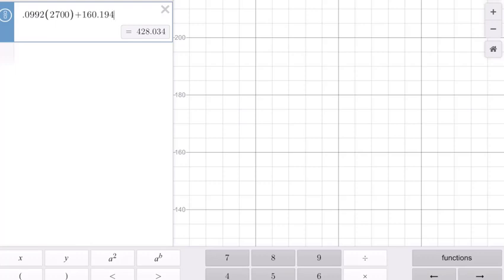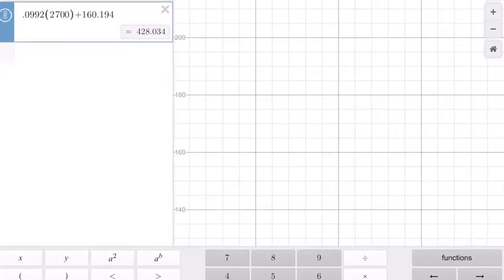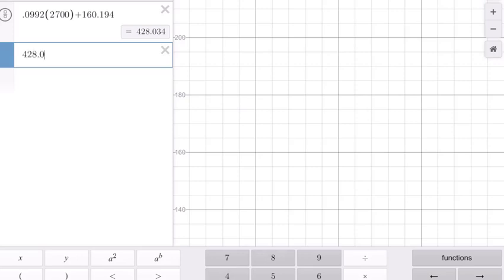And you can see that we get 428.034, but this is in thousands of dollars. So I can take this number, 428.034, and multiply it by 1,000, because that's how many thousands there are, and you get 428,034.